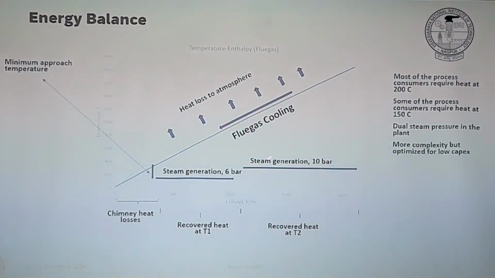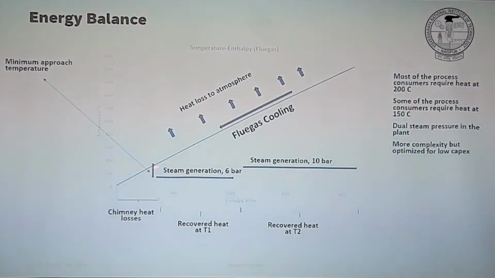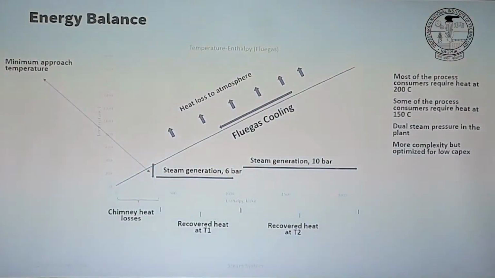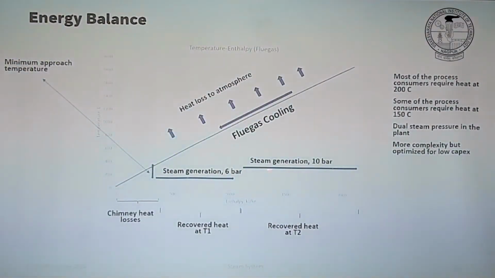Now we do steam generation. What you want to do is generate steam at high pressure, right? So if I am generating steam from flue gas, what we will see here is that instead of 6 bar, if I generate steam at 10 bar, that's the temperature difference, and beyond this point on the left side will be the energy lost in the flue gas.